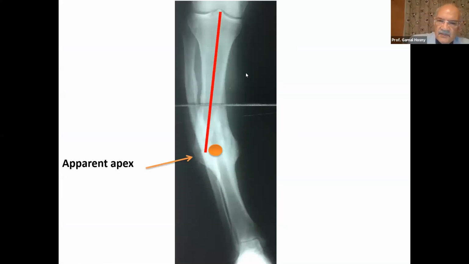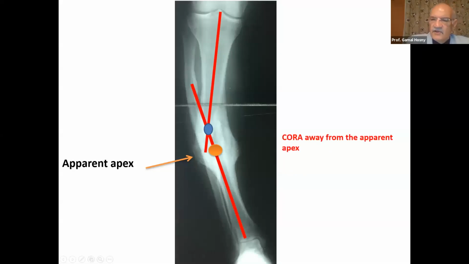So if you draw the anatomical axis of the proximal tibia and the anatomical axis of the distal tibia, they are not going to meet at the apparent apex. They are going to meet away from the apparent apex. That means we have another CORA. So this is the apparent apex. This is the real CORA. So the CORA lies away from the apparent apex.